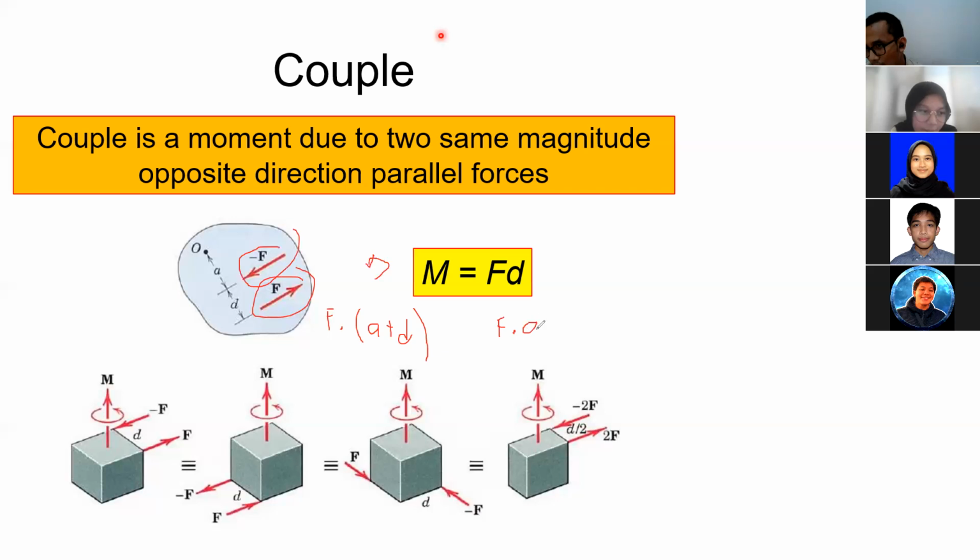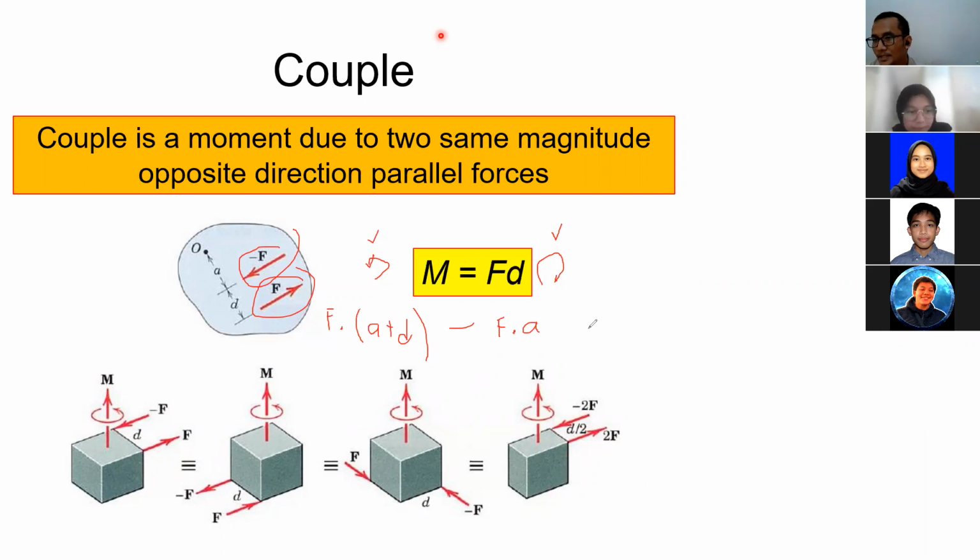Yes, correct, A. But remember, now the direction of the moment is clockwise. So if we want to sum both, because this one is counterclockwise and this one is clockwise, we have to subtract the second from the first, because the direction is different, correct?